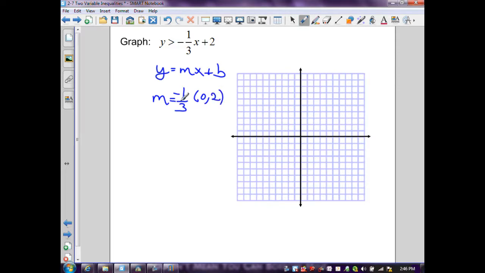I can use this information to graph the line, and knowing that it is greater than, I know that my line is going to be dashed. Graphing my y-intercept (0, 2) and counting with my slope, since it's negative, I'm going to go down 1 and to the right 1, 2, 3. Down 1 and to the right 1, 2, 3. Connecting the ordered pairs with a dashed line.